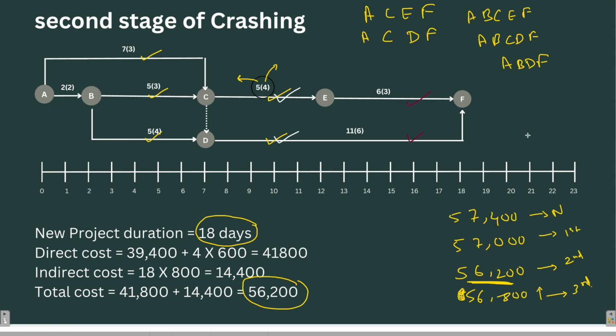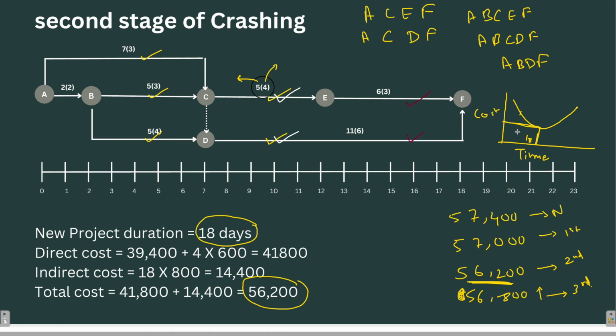So for keeping the cost minimum, we can crash the project to 18 days, and that is the optimum crashing. That means if I draw a cost versus time graph, it is something like this. Earlier, after the second stage of crashing, the time was 18 days, and the cost was minimum, 56,200.